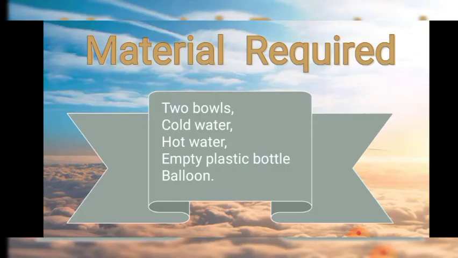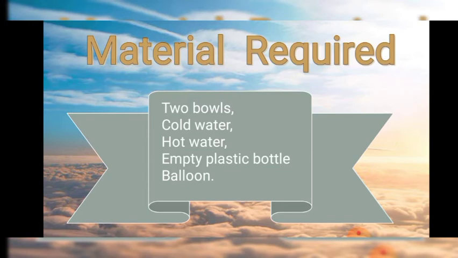After defining the aim, what material do we require to do that experiment? So, the material required is 2 bowls, cold water, hot water, an empty plastic bottle, and a balloon.